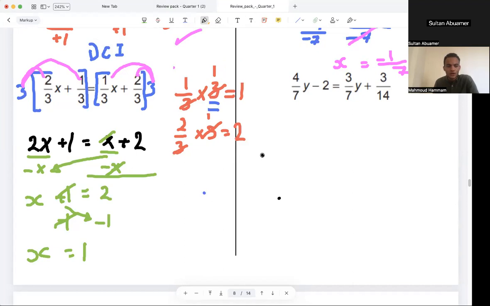We have 4 over 7. I also have 3 over 7. And the last thing is 3 over 14. Fine. 4 over 7, it must be multiplied by a number that's divisible by 7 and divisible by 14.